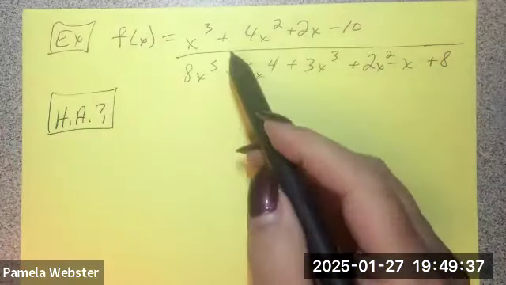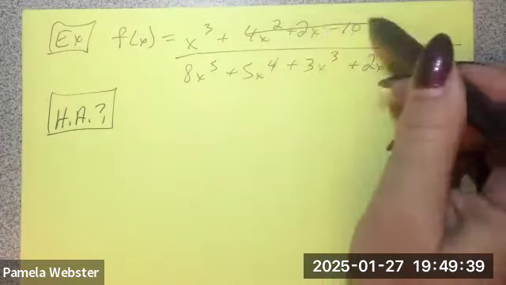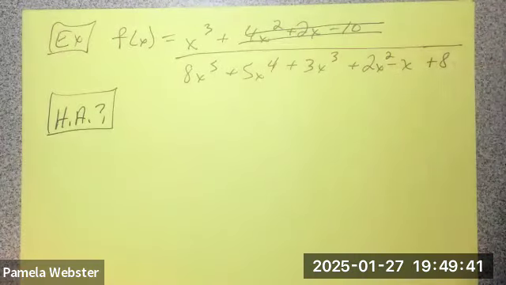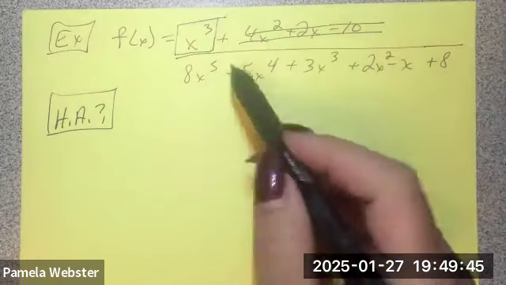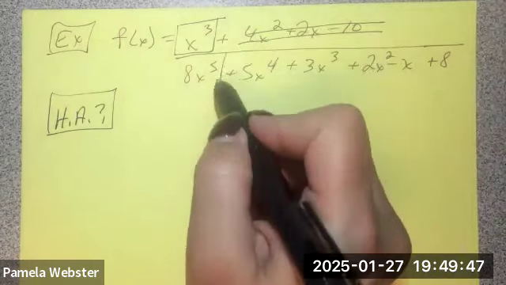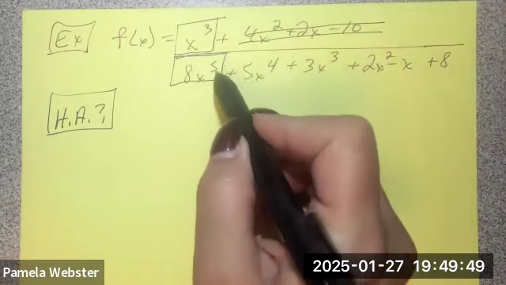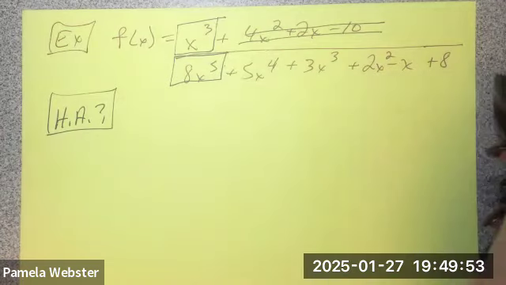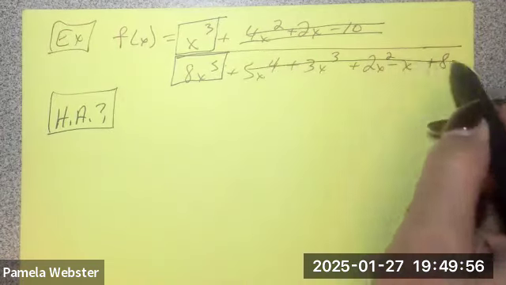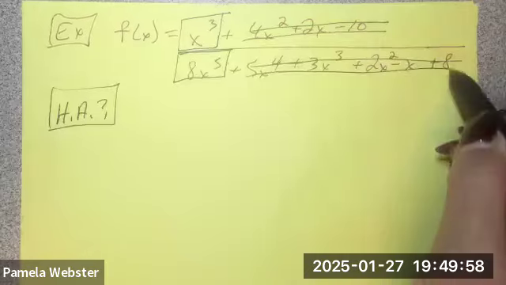This is those 3 rules. So you're basically going to go, I'm going to ignore all that stuff at the back. This guy has the biggest exponent on the top. And on the bottom, this guy has the biggest exponent. Remember, they might not always be in descending order, so make sure you look, figure out who really is the biggest.